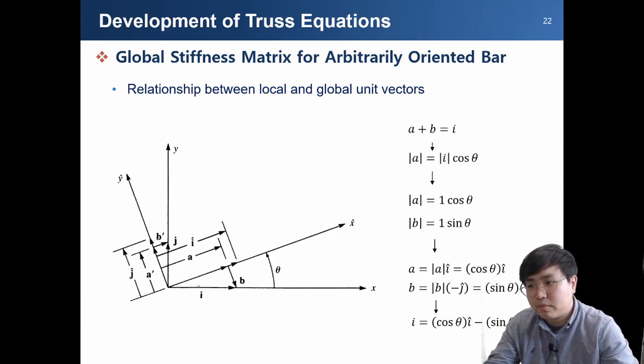First, this is the unit vector i of our global coordinate system, and we can express this unit vector in the local coordinate system, so that i is equal to the summation of this vector A and this vector B. Vector A is some arbitrary vector in the other transformed coordinate system, and vector B is also some arbitrary vector expressed in the transformed coordinate system, so A plus B equals i.